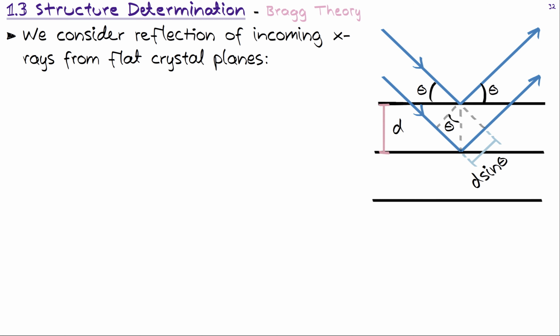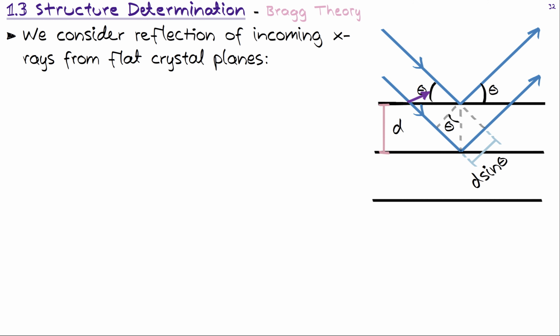So this is the kind of picture that is very, very commonly used when we are describing Bragg theory. Instead of imagining that we have lattice points and atoms in them, we are imagining that we have some planes, crystal planes, and then the incoming X-rays, these blue rays here, can reflect from these different planes. And then my main variables of interest are the scattering angle or incidence angle.